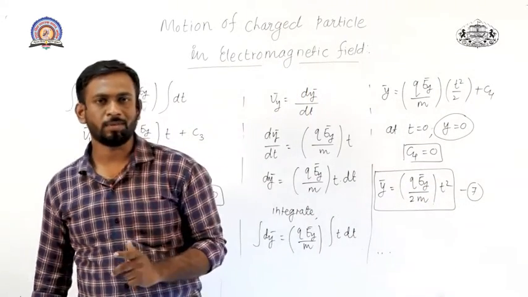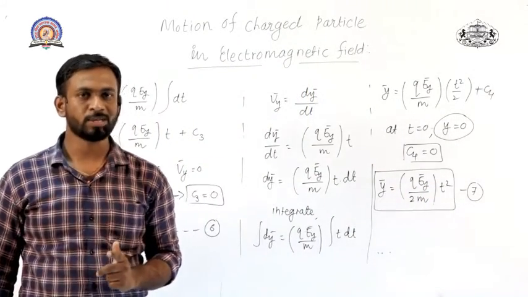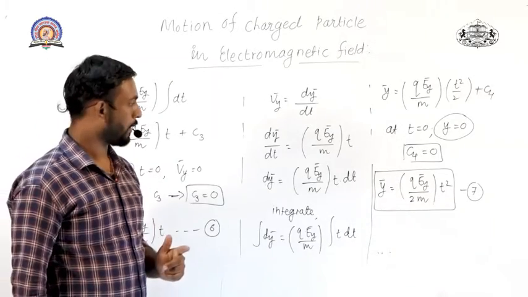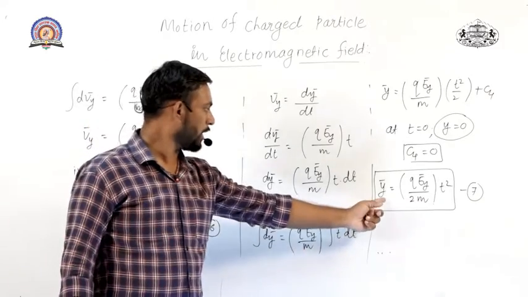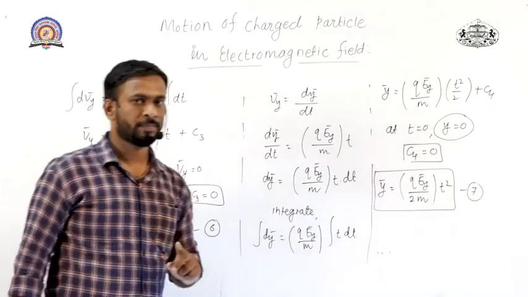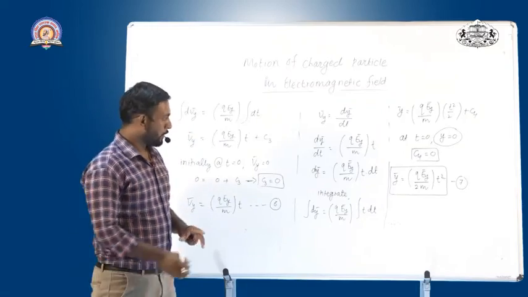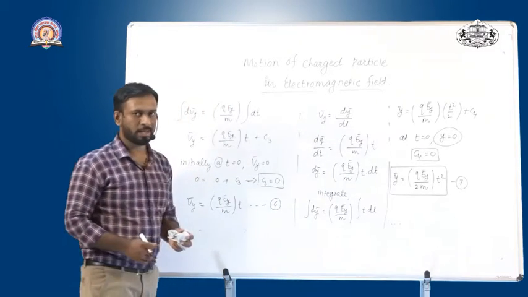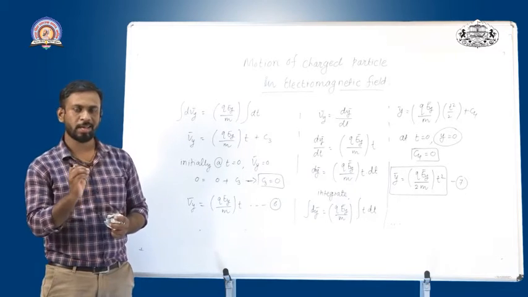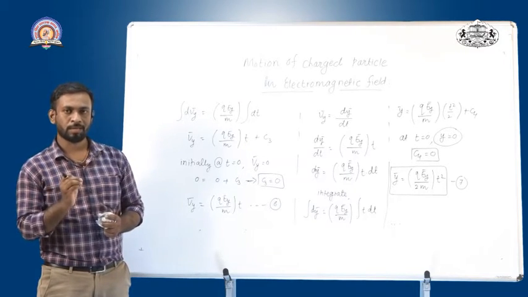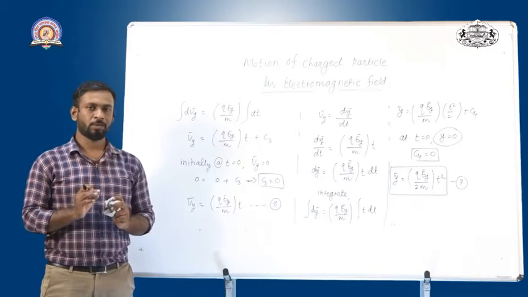Instead of t, can we write the velocity term? Can we write the initial terms, which are known to us because we are providing the x component of the velocity, and get the equation in terms of y and t? The velocity of the charged particle along the x direction is constant. At each and every time, velocity along the x-axis is the same.